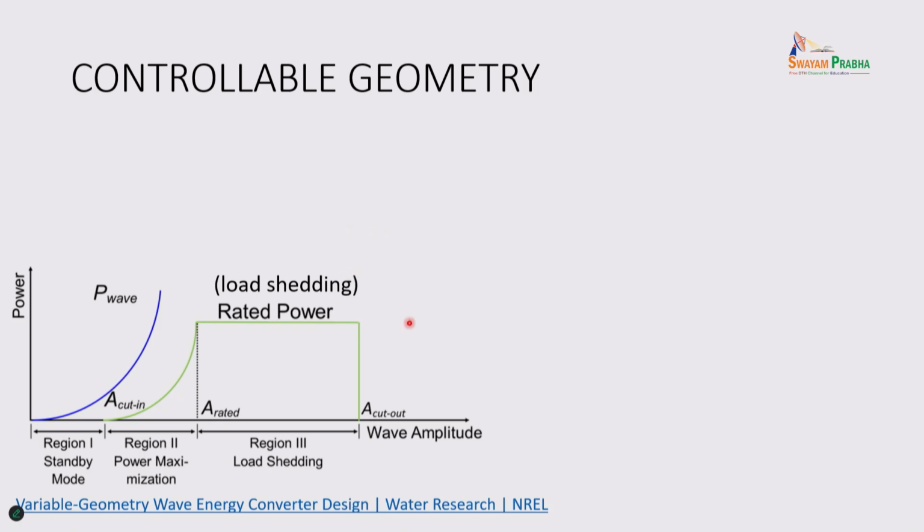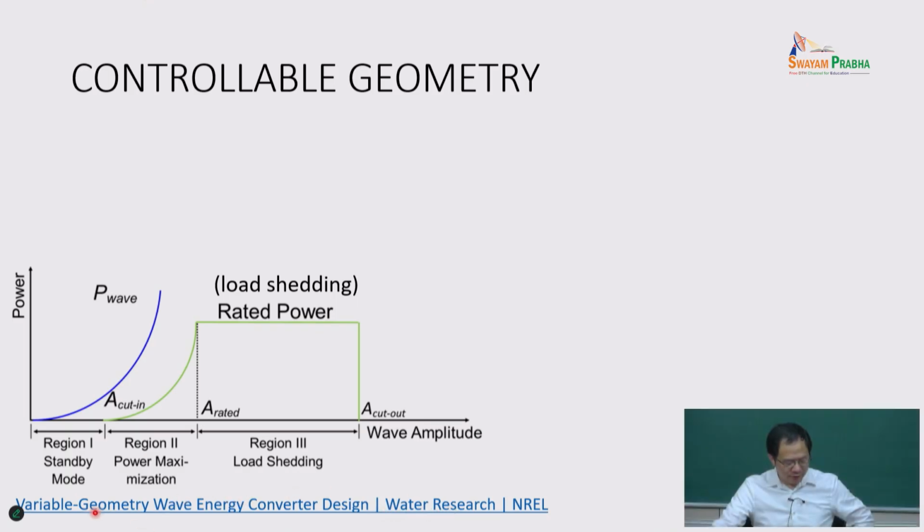And this one I take from a reference paper, variable geometry wave energy converter design. It was written by Nathan Tom at NREL, and he provides this figure. As you know, you have wave amplitude, right? When the wave is really small, like wind energy, you have a cut off speed. Below that, you don't generate energy.